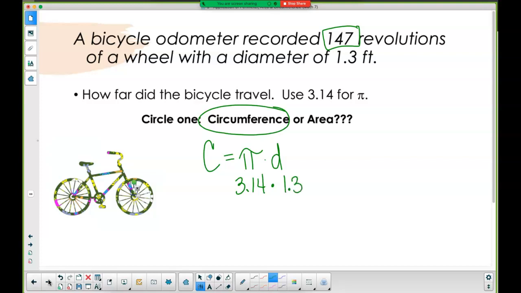We do 3.14 times 1.3, and I got 4.1 feet. Am I done with this problem? No. Did my bike travel 4.1 feet? That's not very far. So now what do I do?